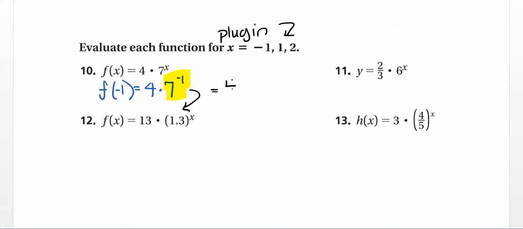So this is 4 over 7 to the first, which is just 4 over 7, and we can leave it that way. Alright, now let's plug in 1. That's just 4 times 7. So when I plug in +1, I get 28. Okay, let's do 2.